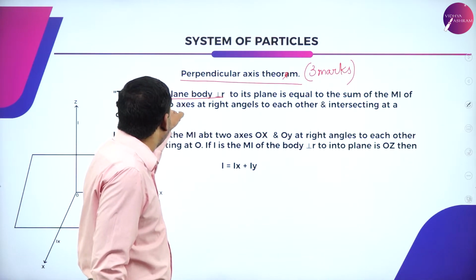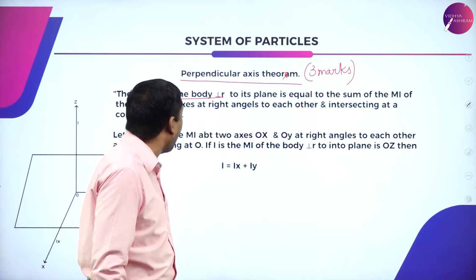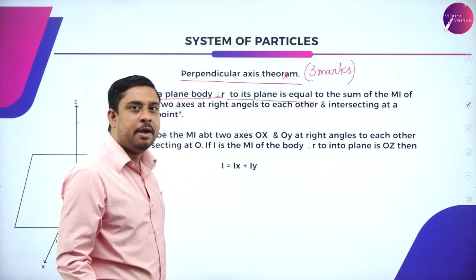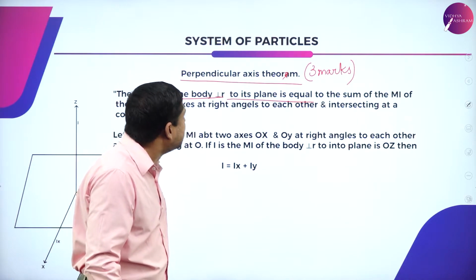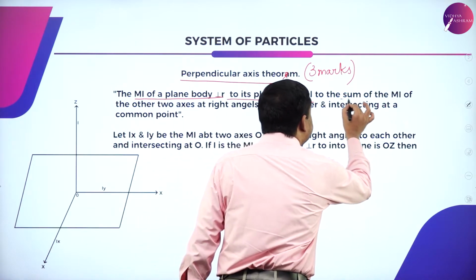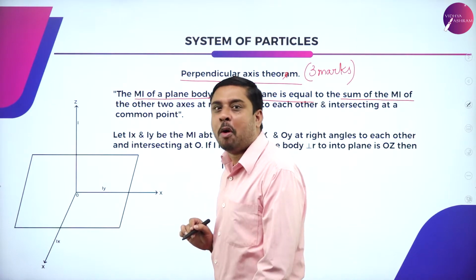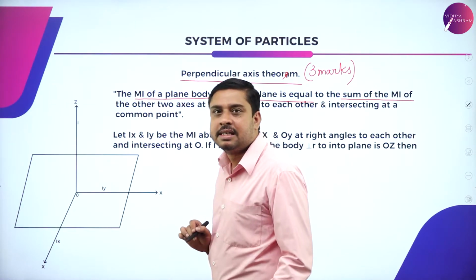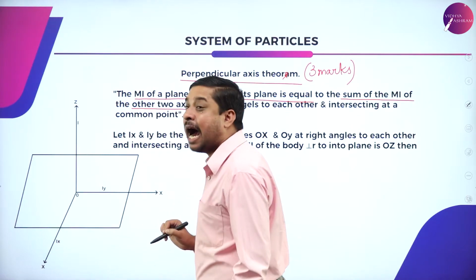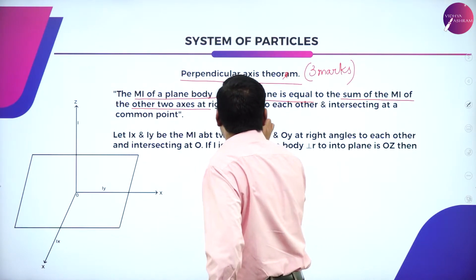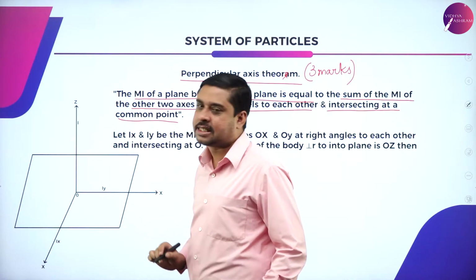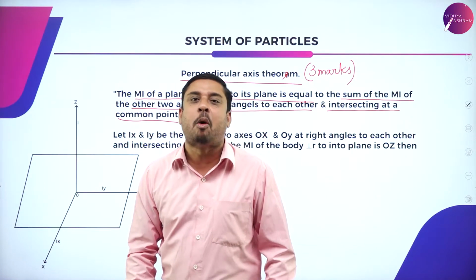So the moment of inertia of a plane body perpendicular to its plane is equal to the sum of the moment of inertia of the other two axes at right angles to each other and intersecting at a common point.